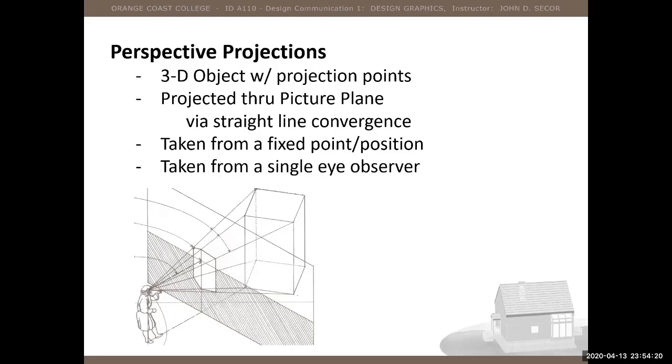And what ends up happening is that the way we view things includes a whole variety of these projection lines that define the object by either it coming towards us or receding away from us. And so these lines are either expanding out or converging, and they converge typically at the vanishing points.